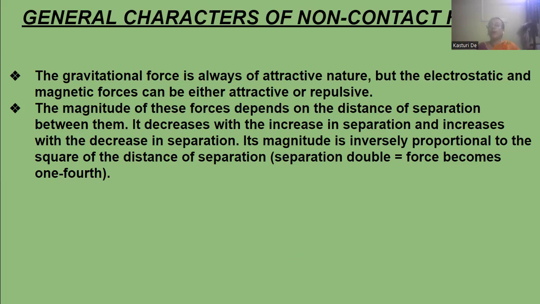The magnitude of these forces depends on the distance of separation between them. So the magnitude, the amount of force, depends on the distance of separation, how much distance there is between the objects. It decreases with the increase in separation. If we increase the separation, the magnitude will decrease, and it will increase if we decrease the separation.